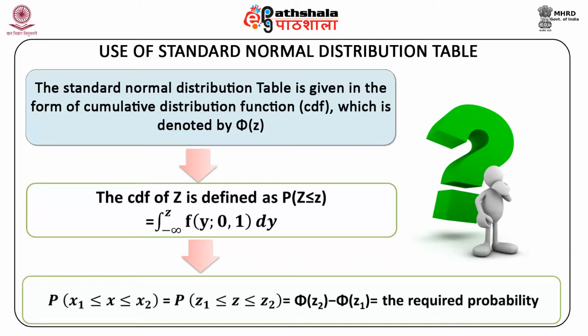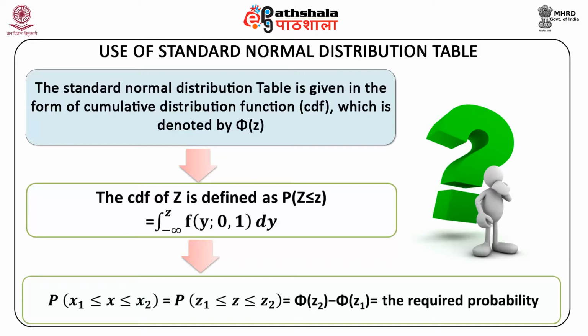For any given normal distribution, firstly we convert x into z variable and compute probabilities using the CDF table of the standard normal variable. Making use of CDF of z, we can write the probability that x is greater than equal to x1 and that x2 is greater than equal to x is equal to the probability that z is greater than equal to z1 and that z2 is greater than equal to z, which is equal to phi z2 minus phi z1, which is the required probability.